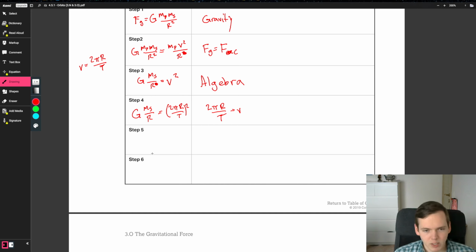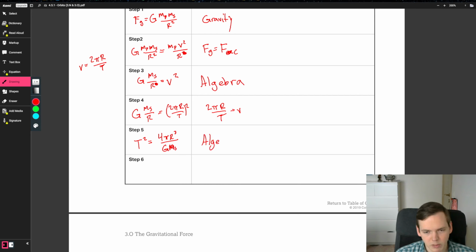Doing some algebraic manipulation to isolate t, we get t squared is equal to 4 pi squared r cubed, divided by G times the mass of the sun.